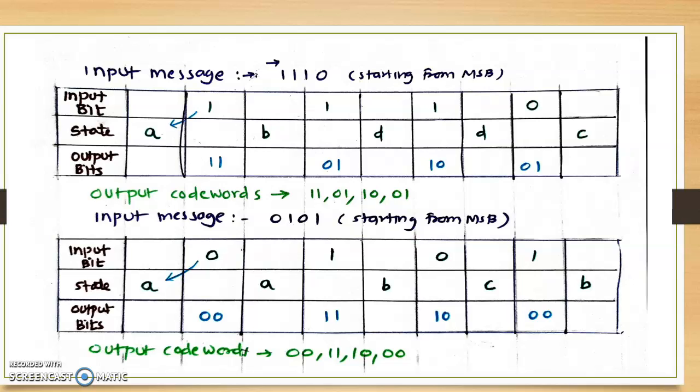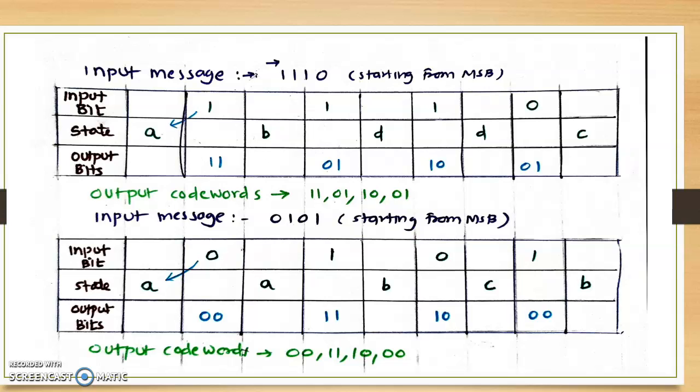The second bit is a 1 input, which is for B. If B has got a 1 input, it will go to the D state with output 0 1. The third input is 1. So if D has got an input 1, it will go to D with output 1 0. If D has got a 0 as an input, it will go to C with output 0 1.